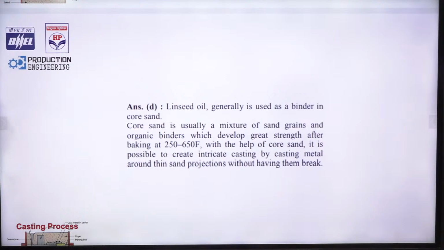A core sand has the sand grain, organic binder, and then you bake it and then you get the strength of this, right? So linseed oil is used as a binder. Just remember this information.